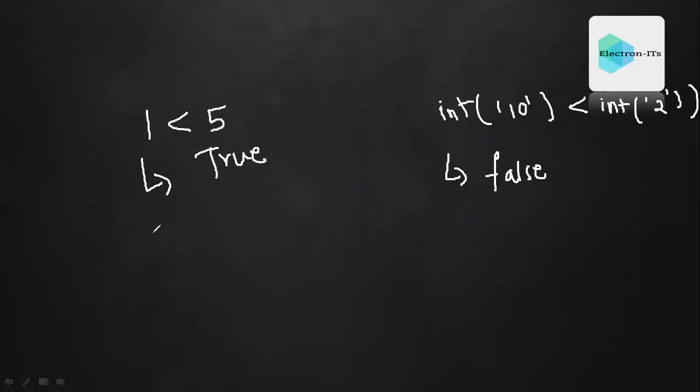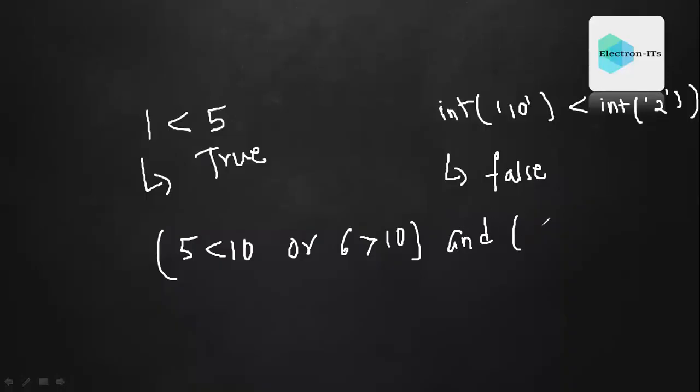Similarly, if you want to execute 5 is less than 10 or 6 is greater than 10, where or is a binary operation, and 6 is greater than 3. So these are the keywords we are using, like and, or, not.